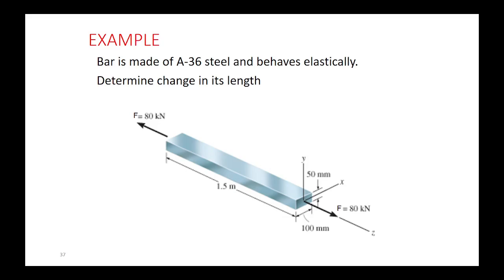But here, the object to create this model, you see, is the selected example for verification purpose. It is a rectangular prismatic object. Its cross-section is of size 100 by 50, and the length of this bar is 1500 millimeters.